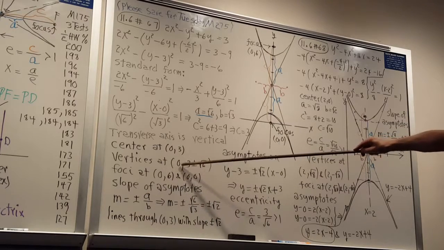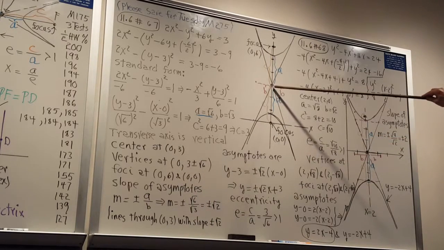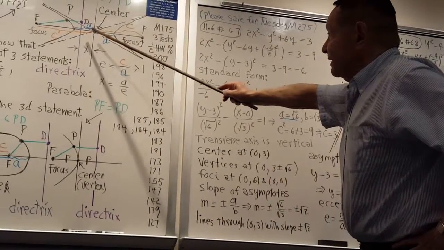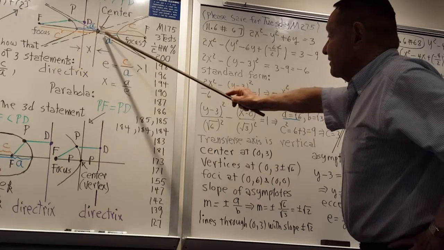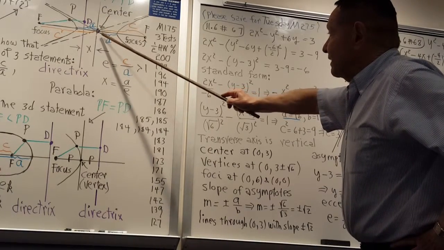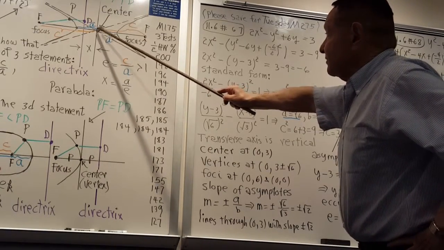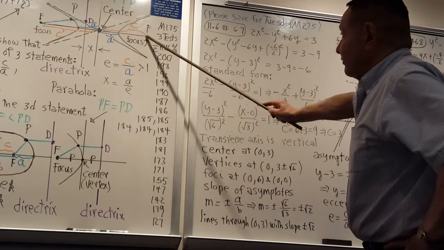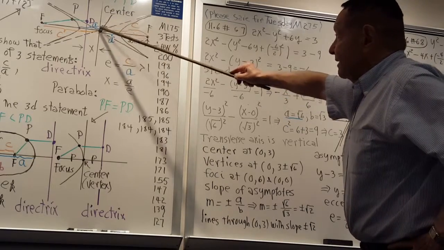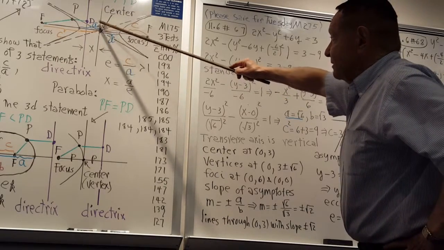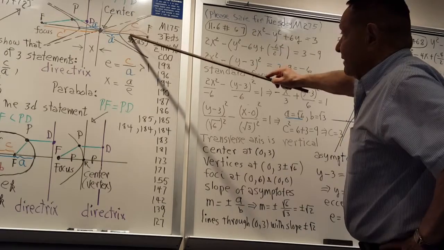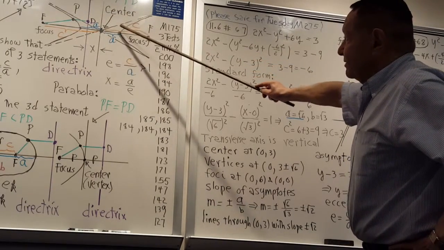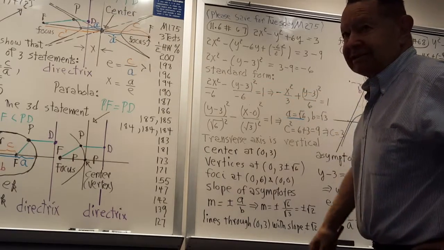Then your vertices measured from the center, of course my hyperbola here goes the other way, but measured from the center to the vertices is A, and to the focal points is C, and then the B does not really intersect the curve, but it's a construction distance that you use to get the slopes of the asymptotes.